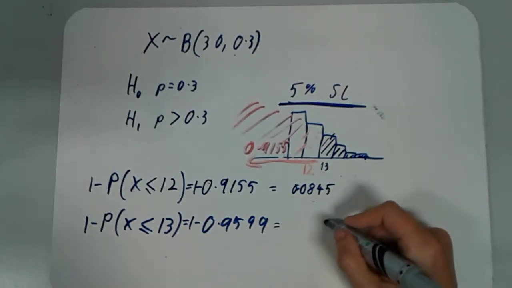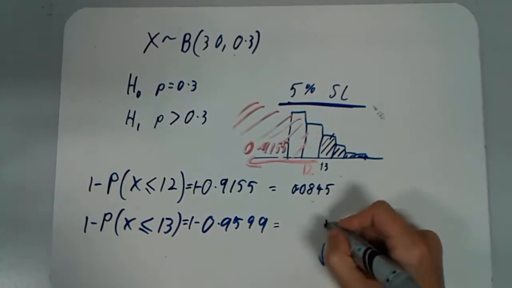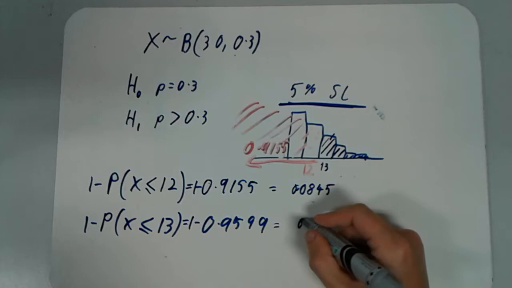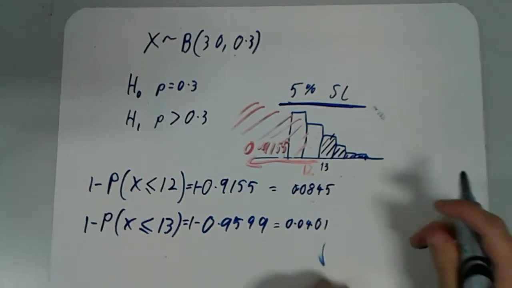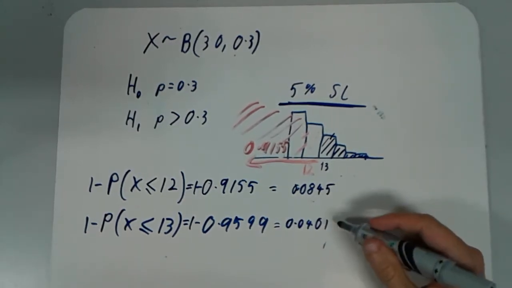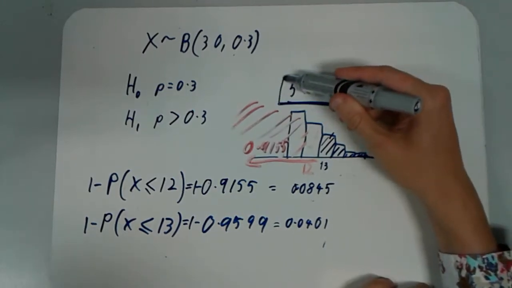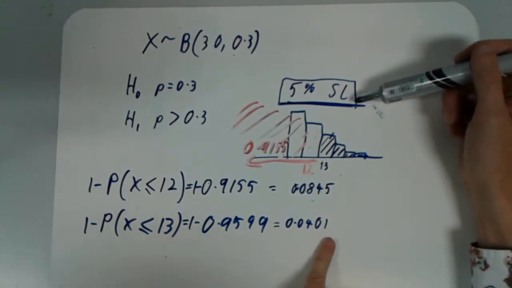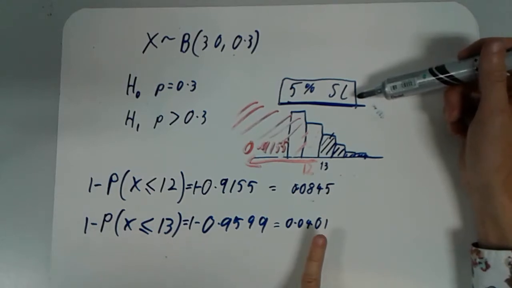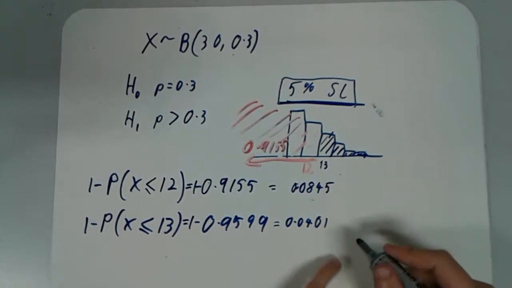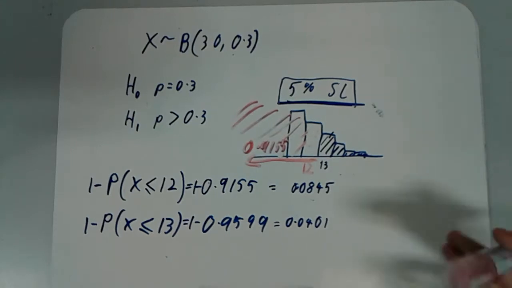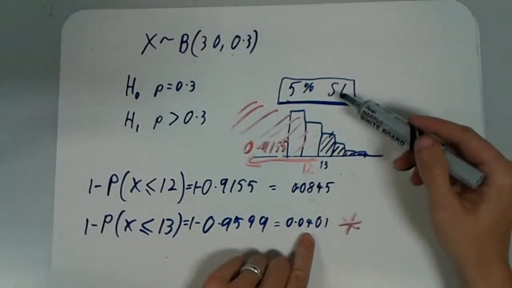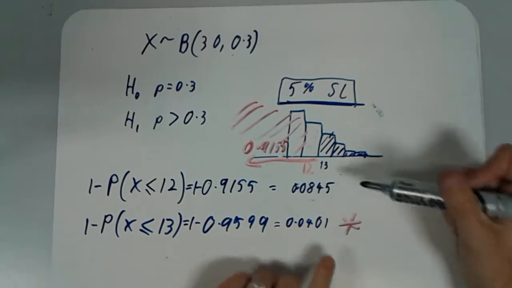This one gives me 0.0401, a 4% chance. Unless the question states otherwise, I should always go for the one which is below my significance level. Occasionally they'll ask you for the closest. In this case, it doesn't matter. This is less than 5%, so I will accept this one.